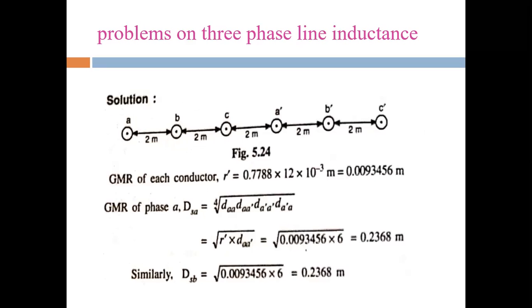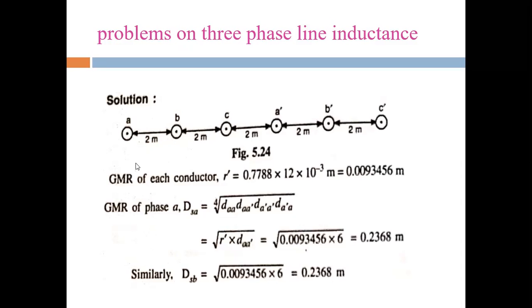These are the six conductors A, B, C and A dash, B dash, C dash, arranged in a line from left to right.